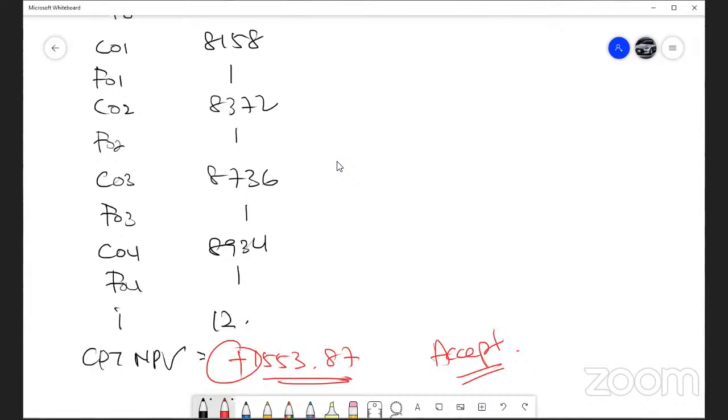So let's see. Question 3 now. Down Under Boomerang is considering a new 3-year expansion project that requires an initial fixed asset investment of 1.4 million. So your capital here is $1.4 million.